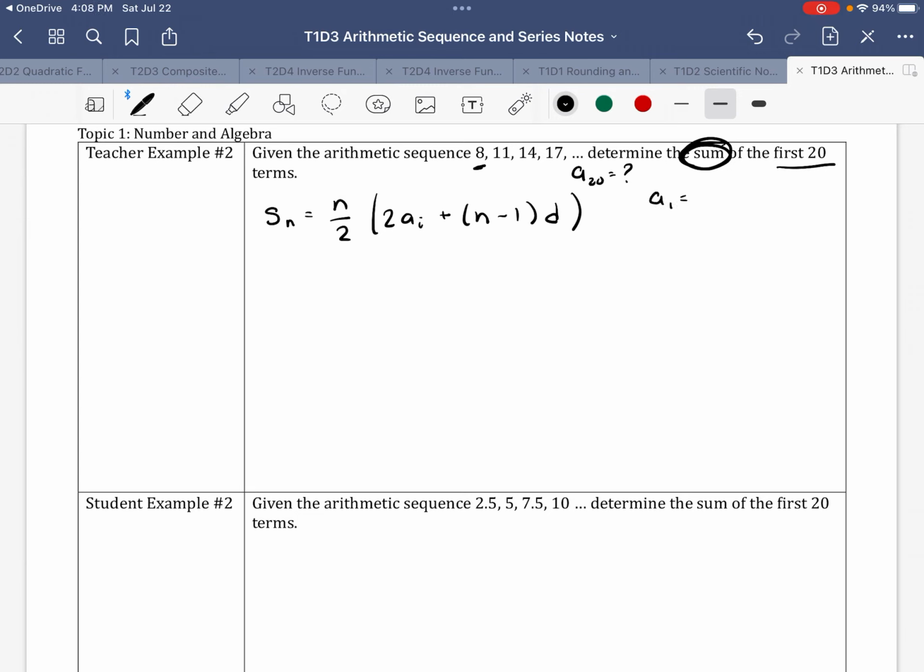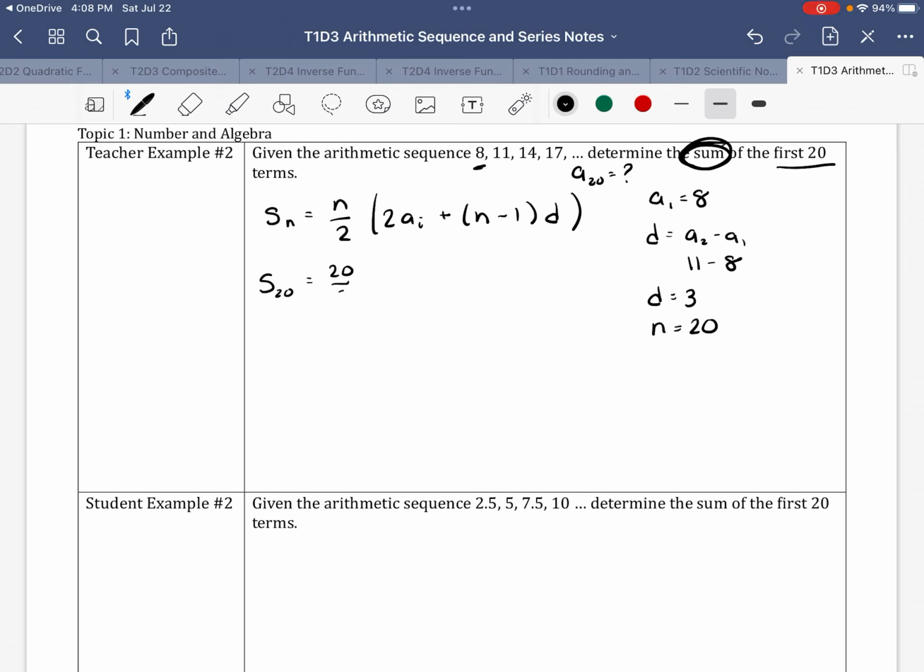Okay, so thinking about what variables I know, my first term is 8. My common difference, I'm going to take the second term and subtract it from the first term. That's going to be 11 minus 8. My common difference is 3. I know my n value is 20 because that's the first 20 terms. And what I'm looking for is S of 20.